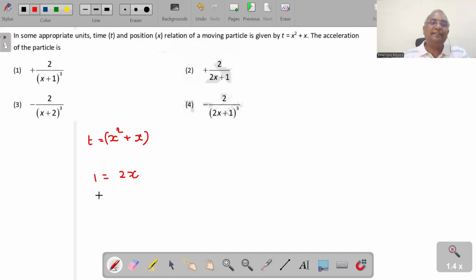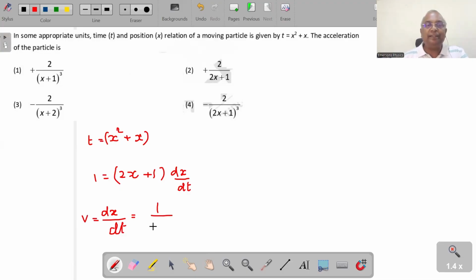2x, okay, into 2. Here it becomes 1. This is the time factor. Into here dx by dt with respect to time. So now if I take dx by dt outside, you will get velocity which is equal to 1 by 2x plus 1.